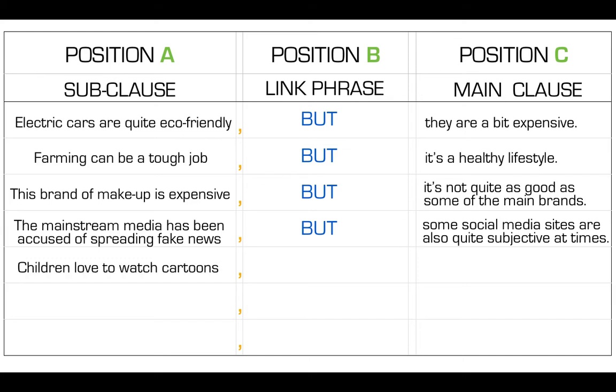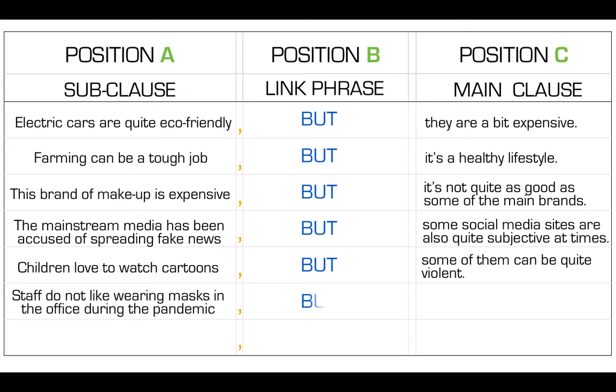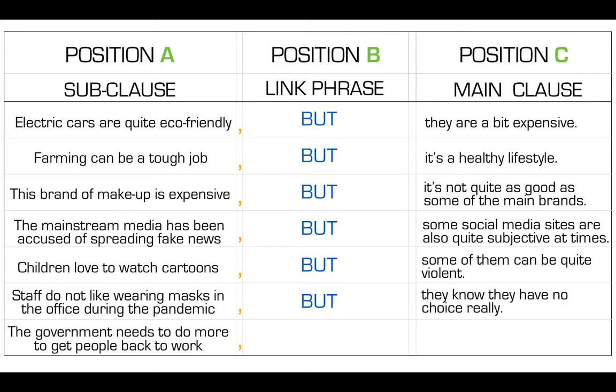Children love to watch cartoons, but some of them can be quite violent. Staff do not like wearing masks in the office during the pandemic, but they know they have no choice, really. The government needs to do more to get people back to work, but this has been an unprecedented crisis. Unprecedented means never happened before.